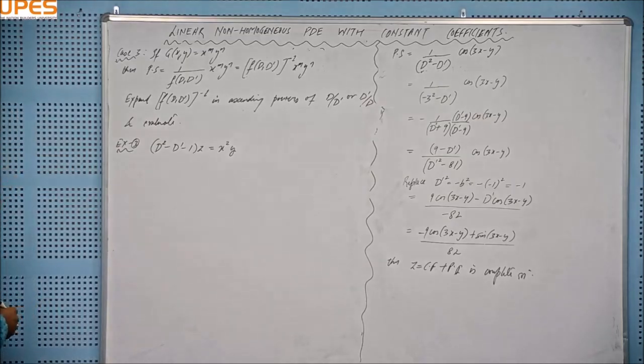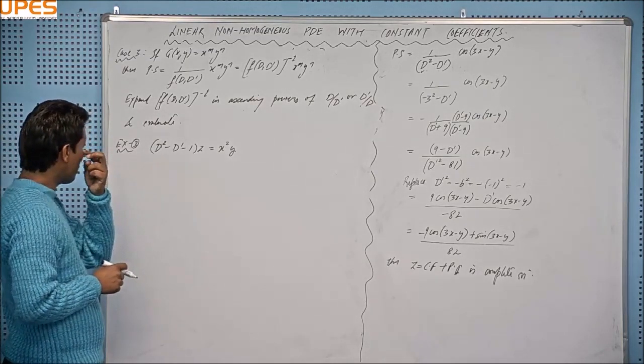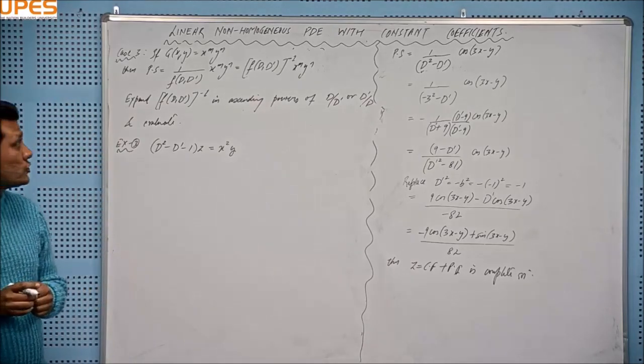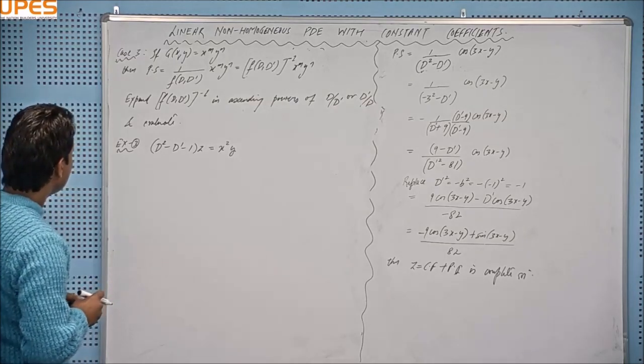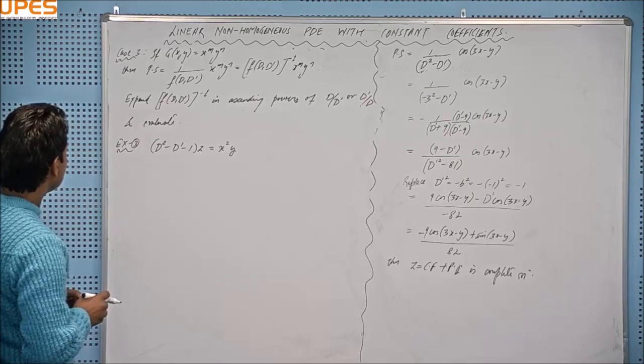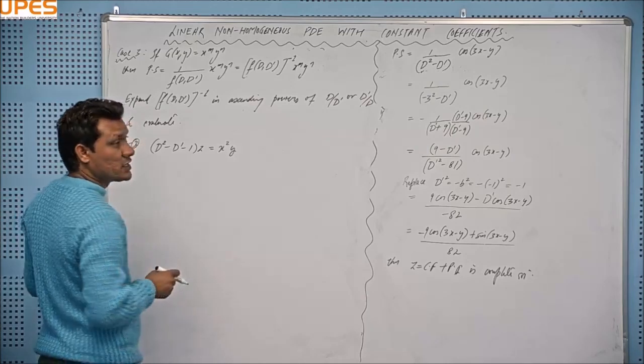Now focus on this operator. Is it factorizable, meaning can it be factorized as a product of linear factors, yes or no? No. So I have to use the e to the power (hx plus ky) solution.